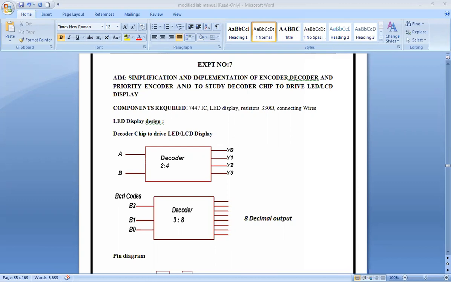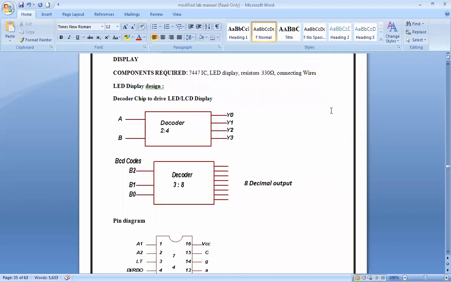Now let's get into the experiment. We'll be having LED display and resistors of 330 ohms. We do have this color coding, right? This color coding of resistors will be utilized and understood as to how much is the value of each resistor, and we'll be having wires which you need to connect.